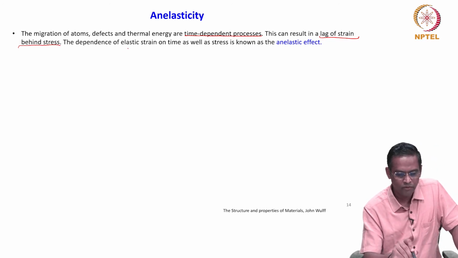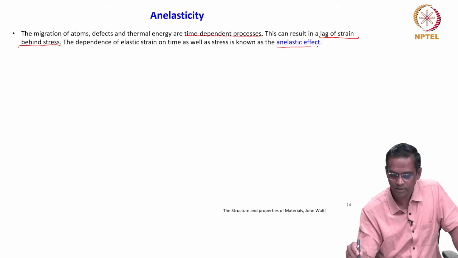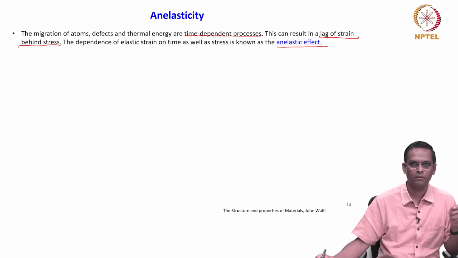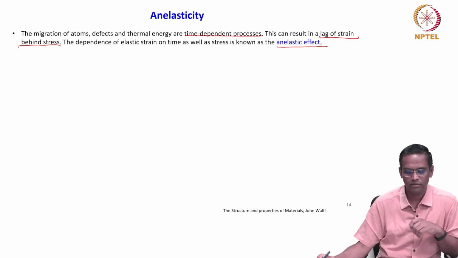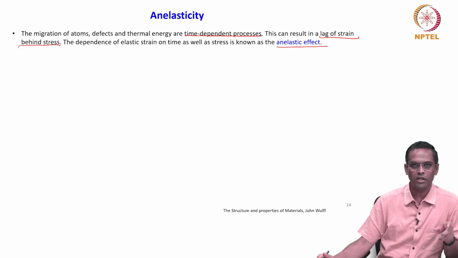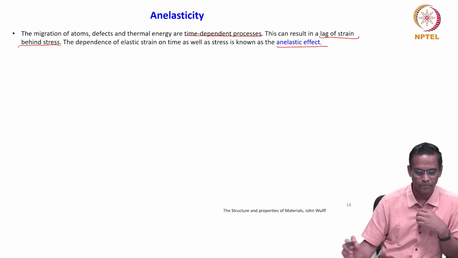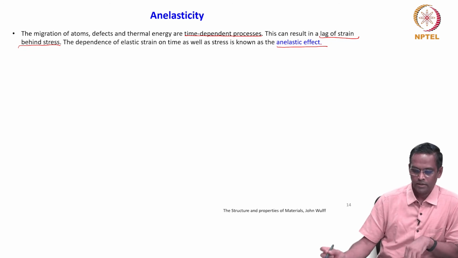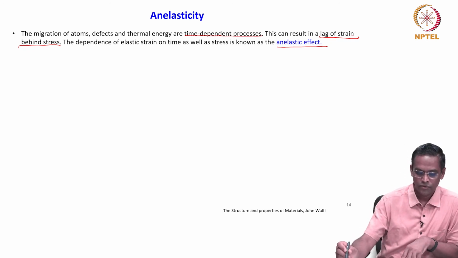The dependence of elastic strain on time as well as stress is known as anelastic effect. So, we are throwing a lot of terms here. Each term is very tricky and important also. So, we are talking about time dependent processes, migration of atoms, defects, thermal energy and so on. This can result in a lag of strain behind stress.